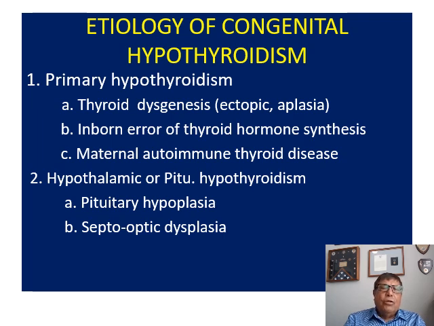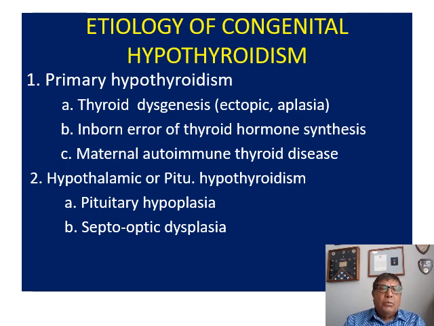Of which, if you put everything together, ectopic thyroid is the more common. Among the dysgenesis of thyroid, ectopic thyroid is more common, and the most common ectopic position is the undersurface of the tongue, because that's where the thyroid gland starts developing and then migrates down to the neck.